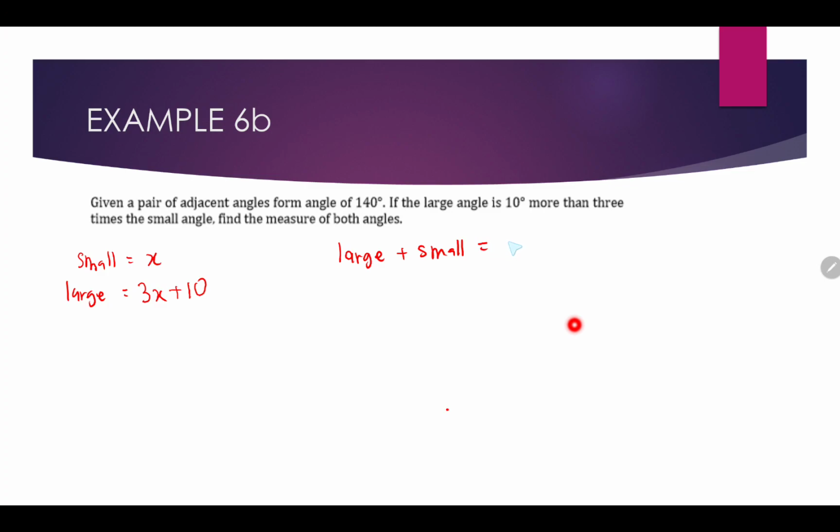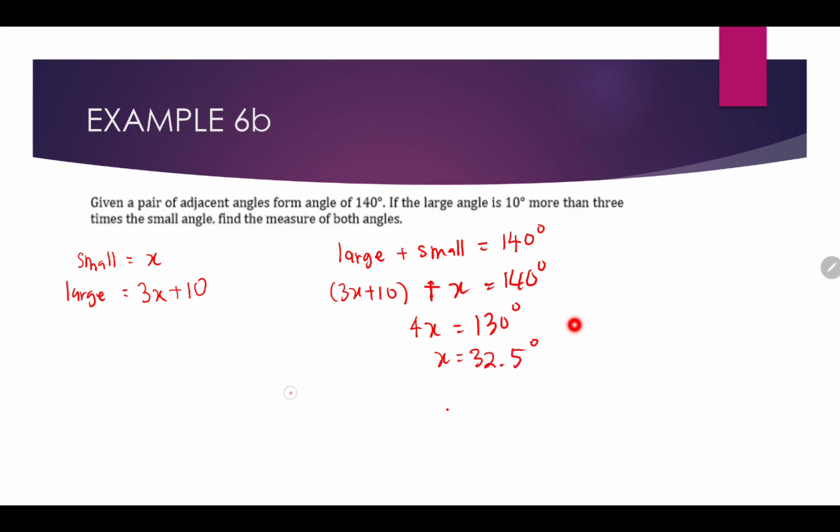It will be measure of 140. So insert the large angle 3x plus 10, and then small angle is x equals 140. So we got 4x equals 130 and x equals 32.5 degrees.